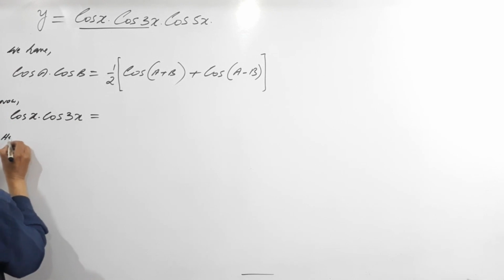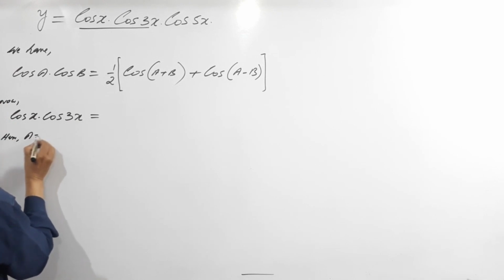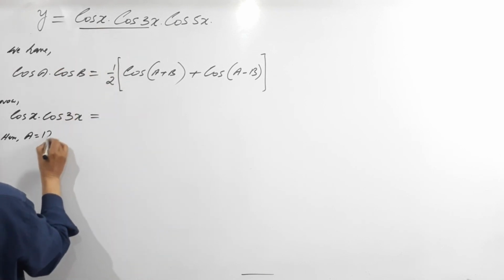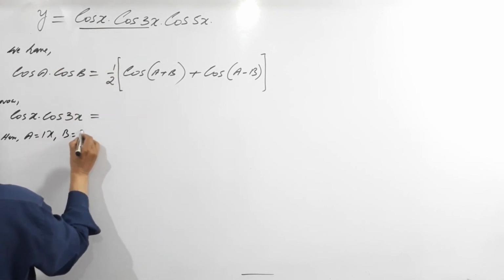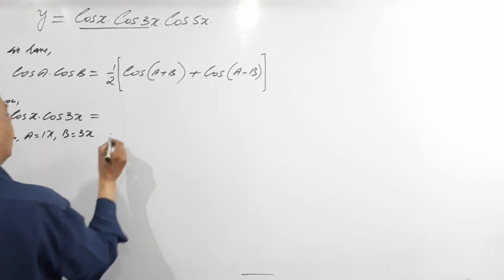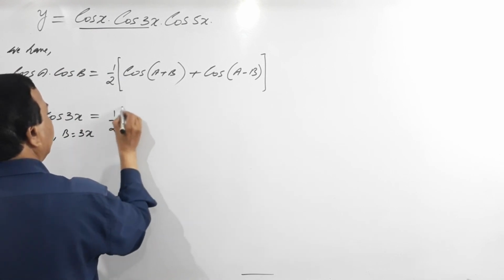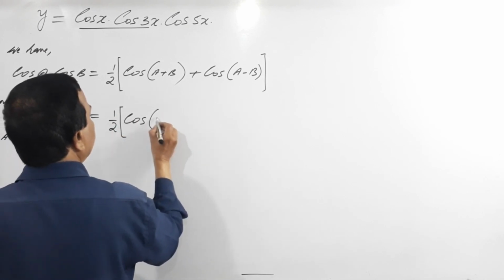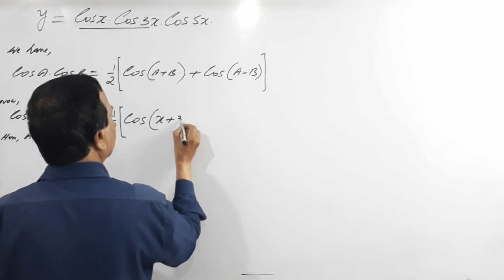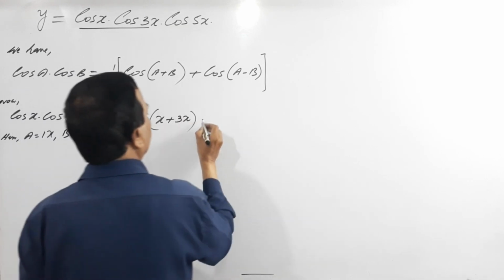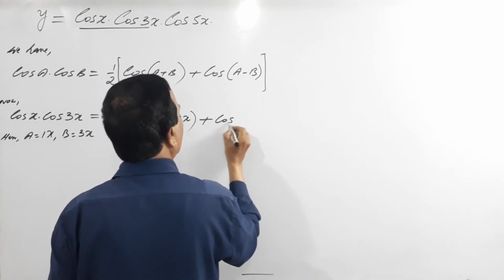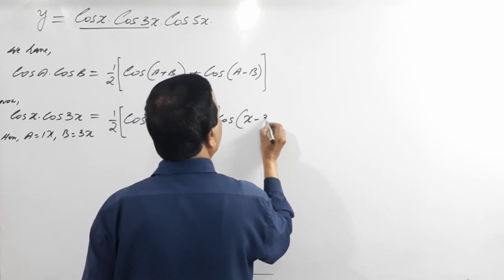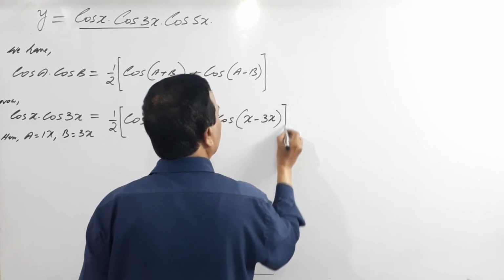Here a is x, the coefficient of x being 1, and b equals 3x. So this becomes half into cos of a plus b, that is x plus 3x, plus cos of a minus b, that is x minus 3x.